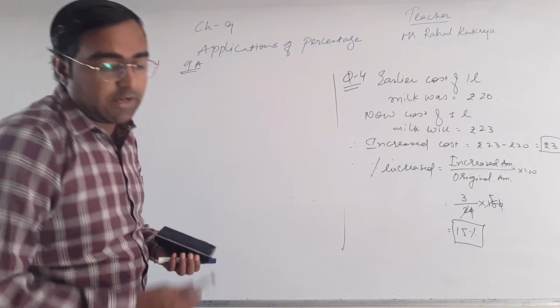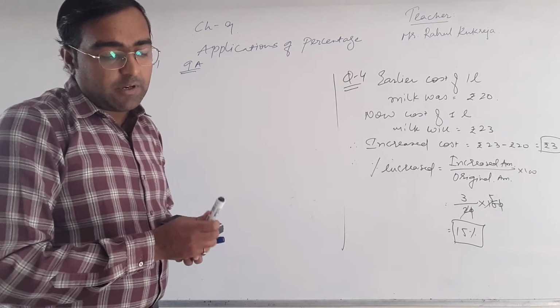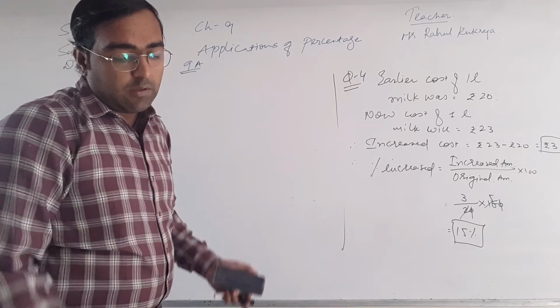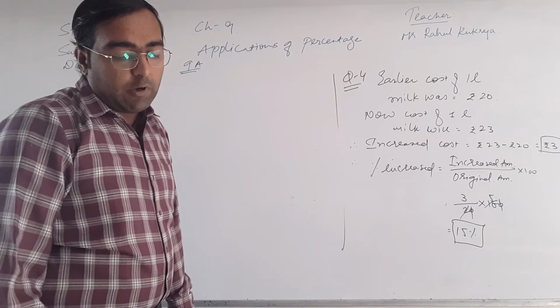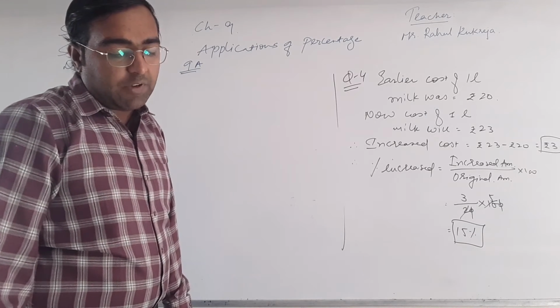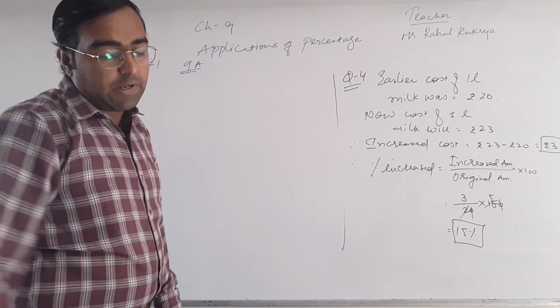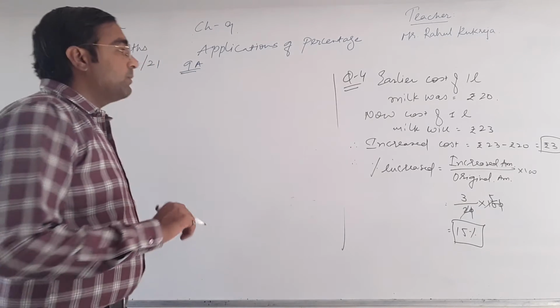So question number 2, that is, during the last 5 years, the population of the town that had 12,000 people increased by 15%. What is the present population of the town?